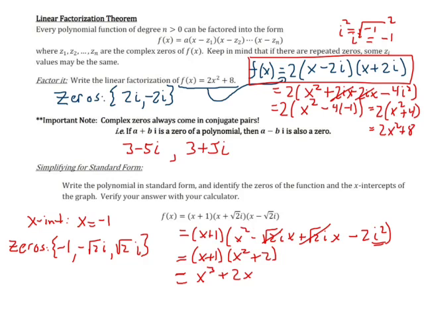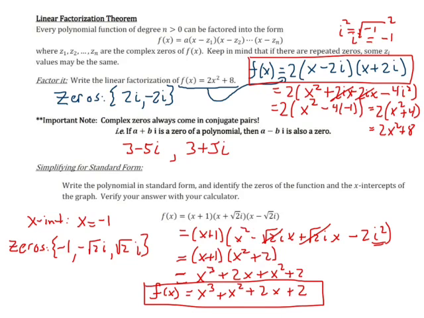Distribute the 1, and we get 1x squared plus 2. So in standard form, we have f of x equals x cubed plus x squared plus 2x plus 2. All right, so there's our standard form.